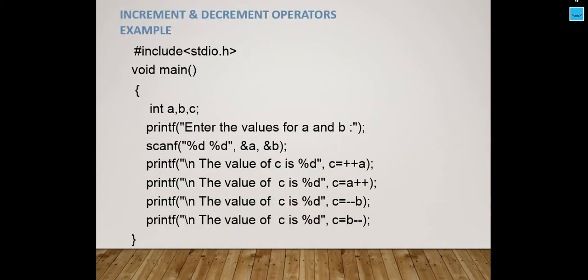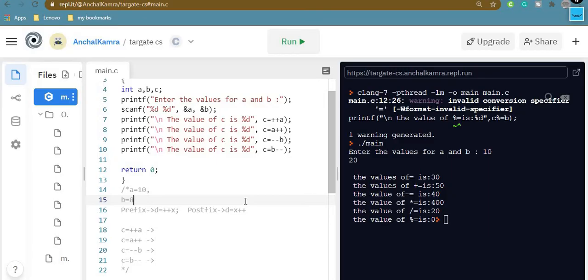Now understand one concept: what happens when a pre-increment is done, and what happens when a post-increment is done. In case of prefix, firstly the increment will be done, then the incremented value will be sent to D. And if we talk about x plus plus, that is postfix, firstly the value of x is sent to D and then it is incremented.